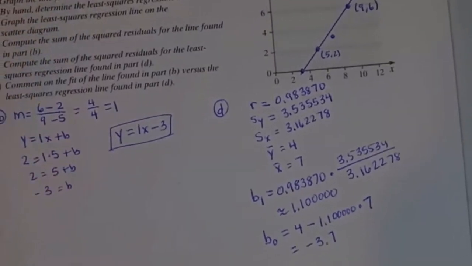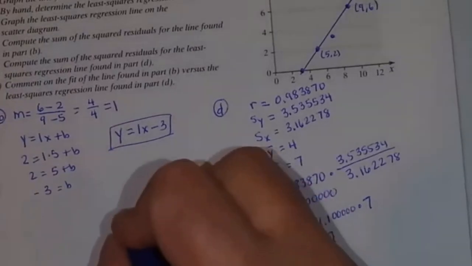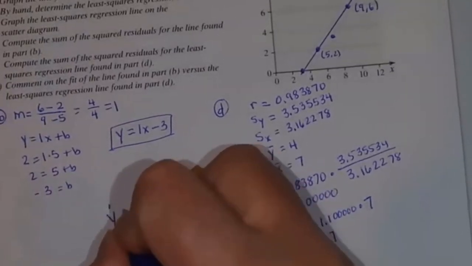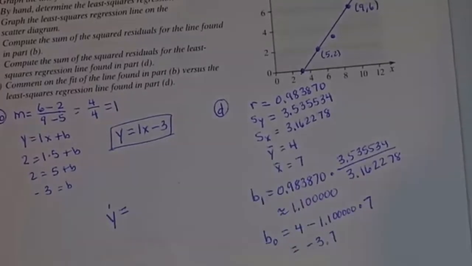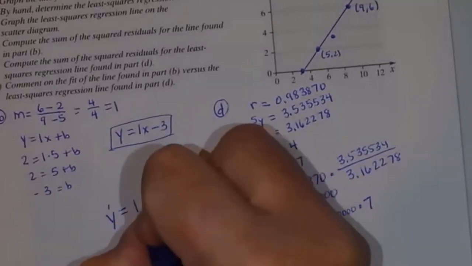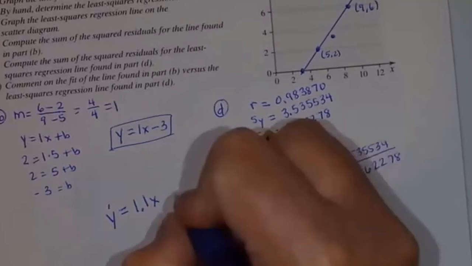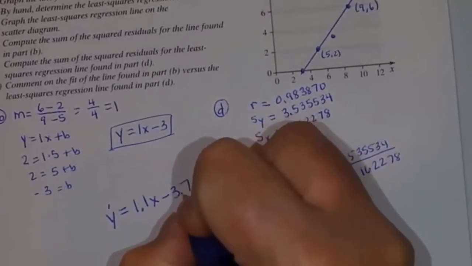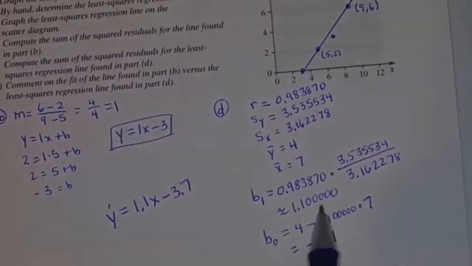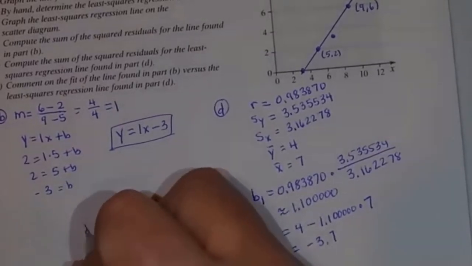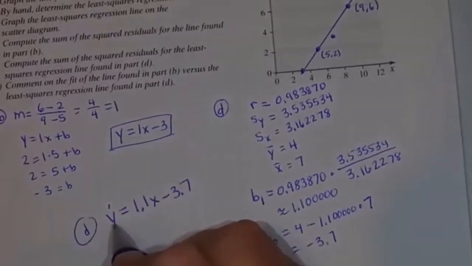So my least squares regression line is going to be the equation y equals, I'm just going to say 1.1 times x minus 3.7. There's really no point in writing all of those zeros in this regression line. So this is the answer to part D.